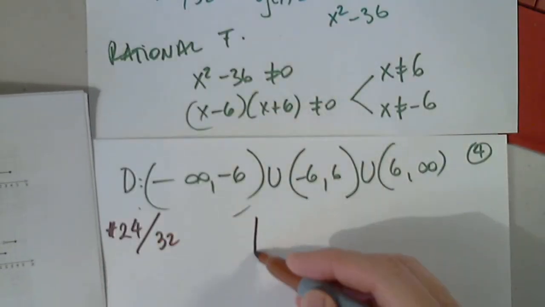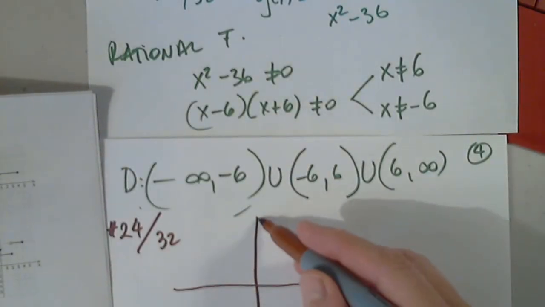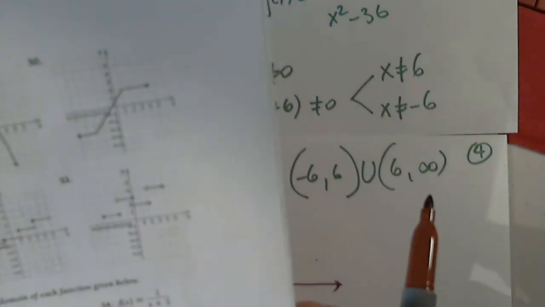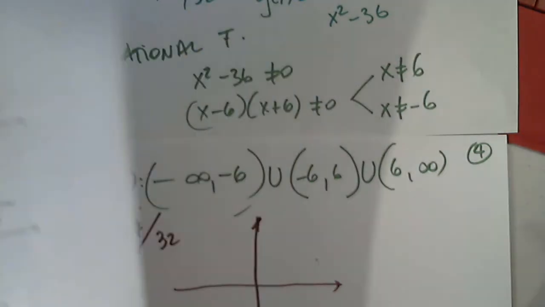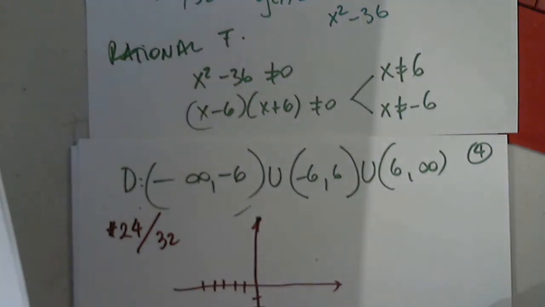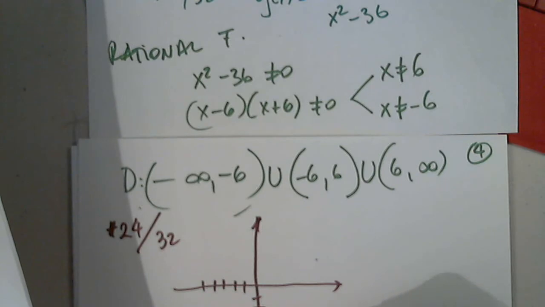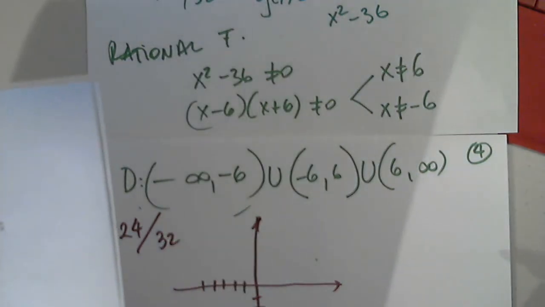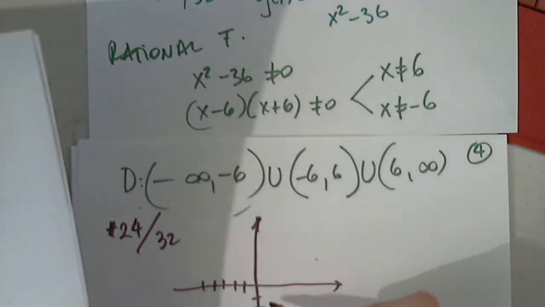So I see that this function has only dots, only points. It's not a connected function like these. It just has points, and I'm not allowed to connect them. So I'm going to graph them for those of you who don't have my lab math open. Here's one point. Here is another.